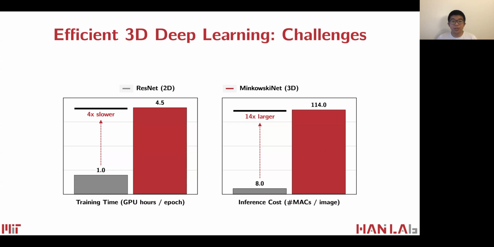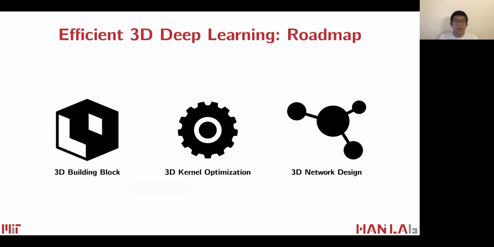Here we compare 3D MinkowskiNet with 2D ResNet, both with similar network architecture and similar network depths. We can observe that the 3D model requires 4 times more training time and also 14 times more inference cost compared with its 2D counterpart.